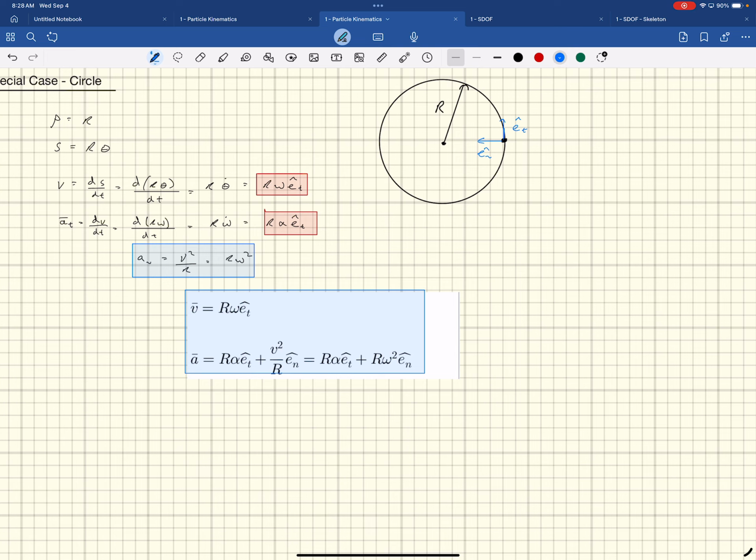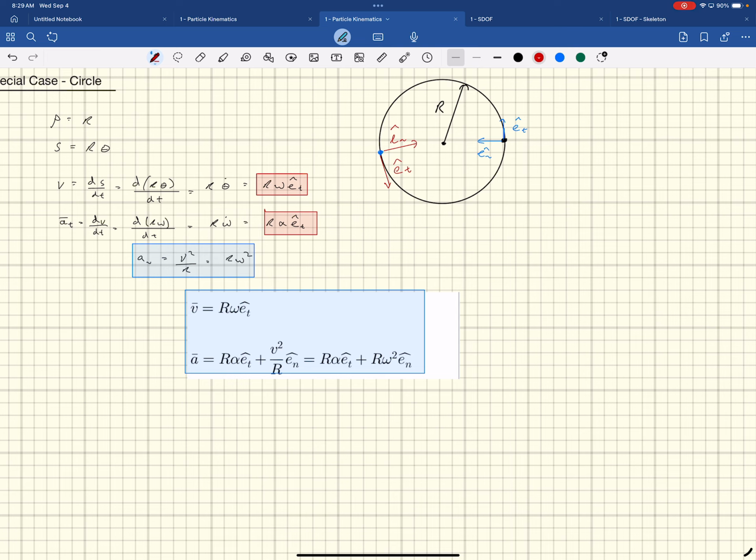If my same particle was over here, and I was asking what is its acceleration and its velocity over there, it's the same. It's independent of where it is on this circle. So this still applies even if the particle's over here. What's different though is where its coordinates are pointed. Over here, its coordinates are pointed down here. This is ET hat, and this is EN hat.